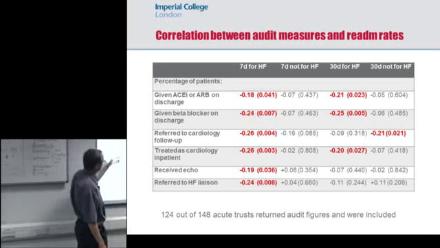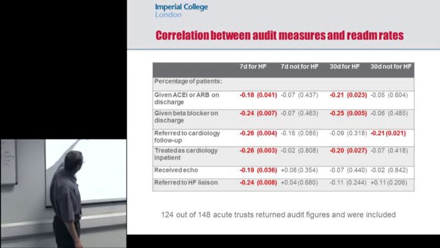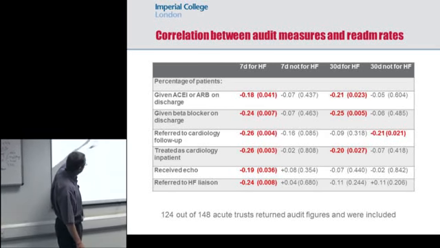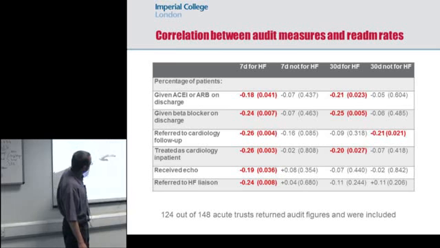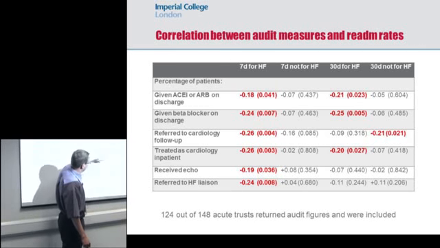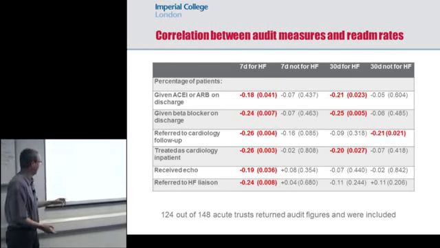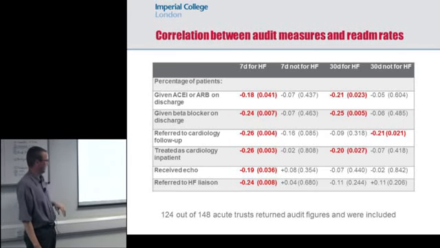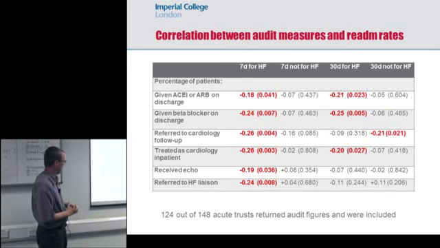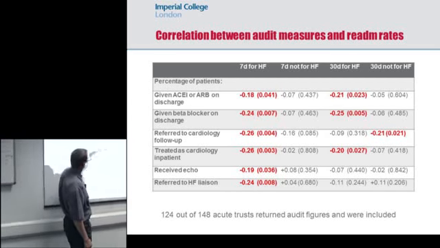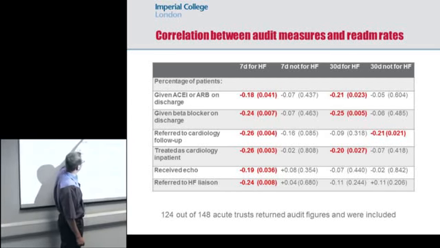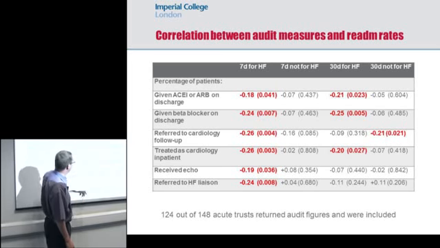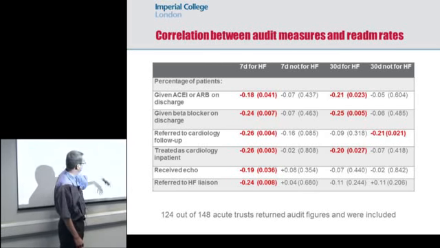And you can see that at 7 days, they all correlate as expected in a negative way, but weakly, with heart failure. Some of them do at 30 days. So there's a suggestion that if you perform better on these, you will have lower readmission rates, assuming causation, of course. Whereas for readmissions not for heart failure, for some other primary diagnosis, nothing really.